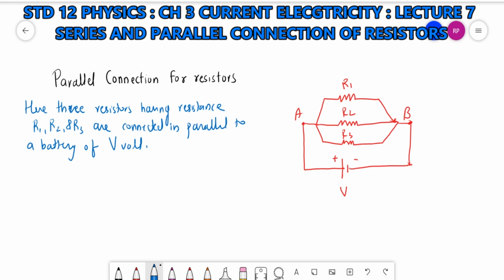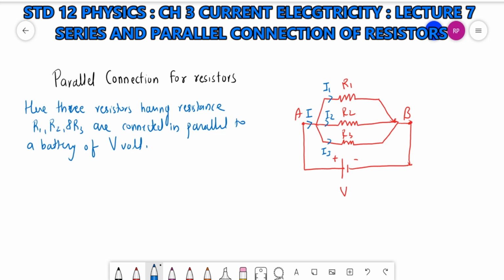Now there are three paths. So see, if current I is flowing here, now it has three paths. So let the current in R1 be I1, in R2 be I2, and in R3 be I3.